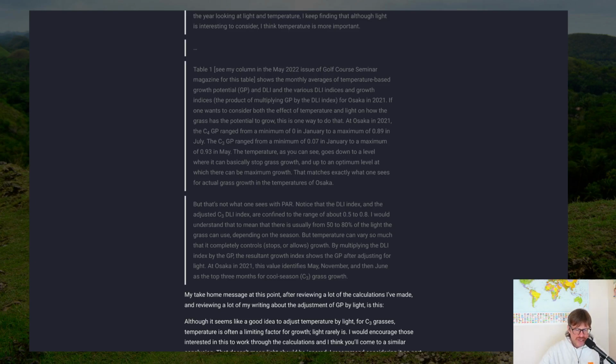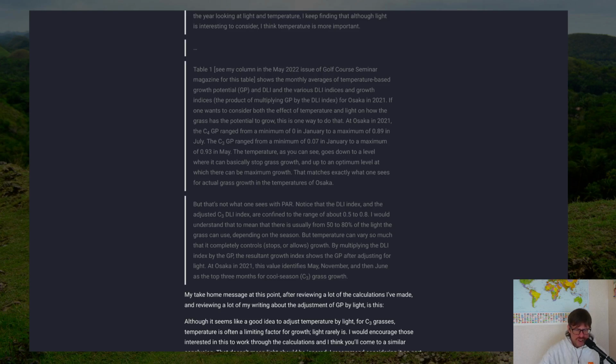At Osaka in 2021, the C4 warm season growth potential ranged from a minimum of 0 in January to a maximum of 0.89 in July. The C3 or cool season grass GP ranged from a minimum of 0.07 in January to a maximum of 0.93 in May.